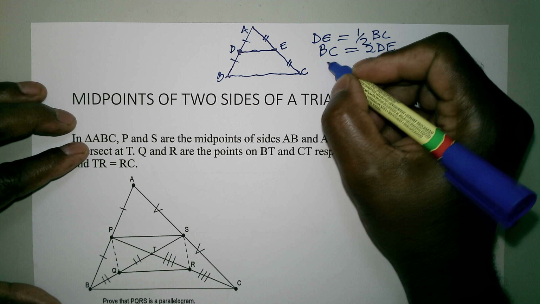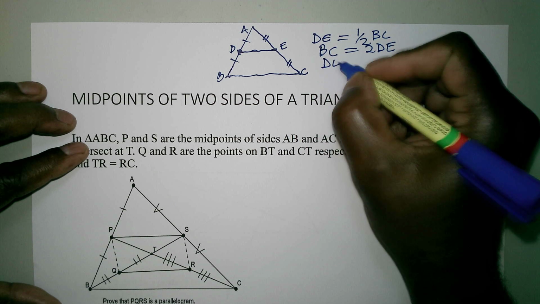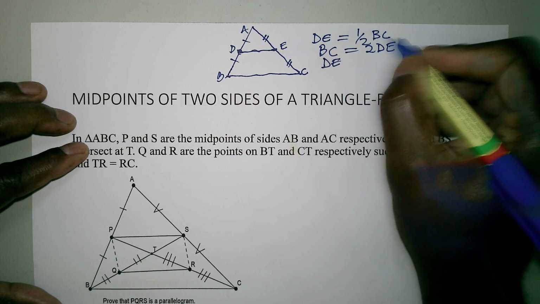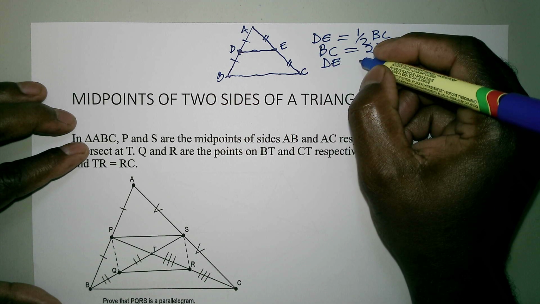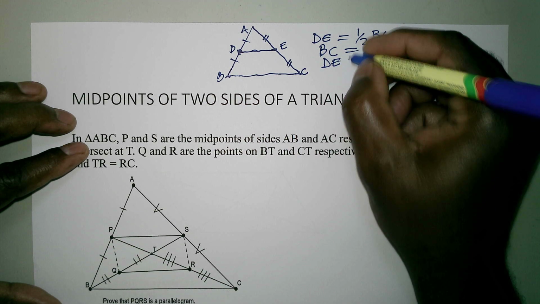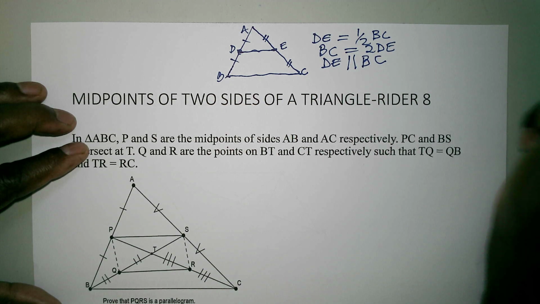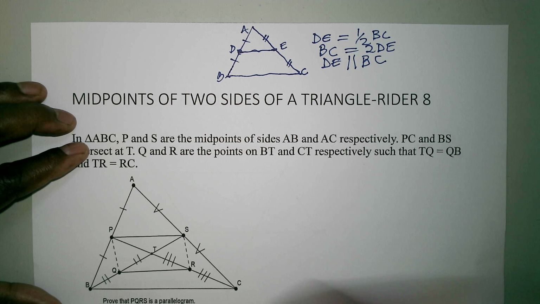And again, if this line segment joins two midpoints of two sides, DE will be parallel to BC. That would happen in any case.